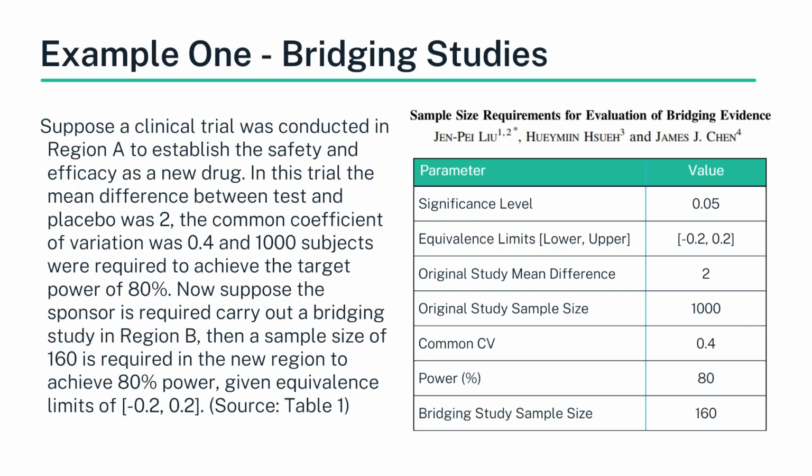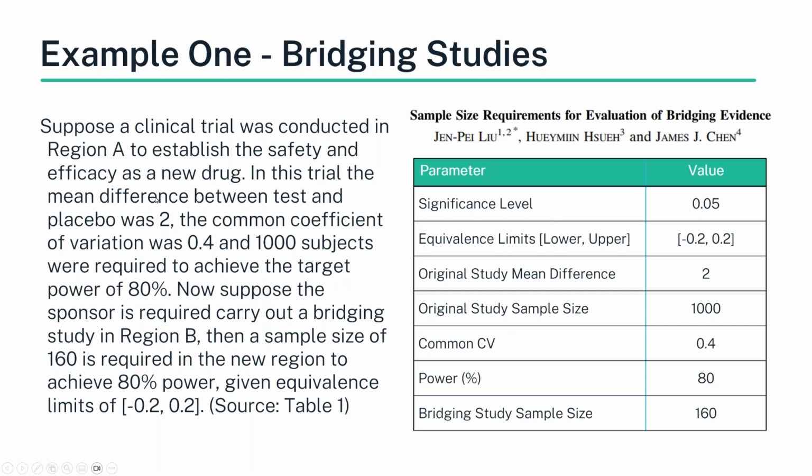So this here is just a hypothetical scenario that's based on calculation data from table 1 of the paper here, sample size requirements for the evaluation of bridging studies by Liu et al. And so this table is just a number of calculations for different scenarios, but I've just pulled one out here for us to use as our example today.